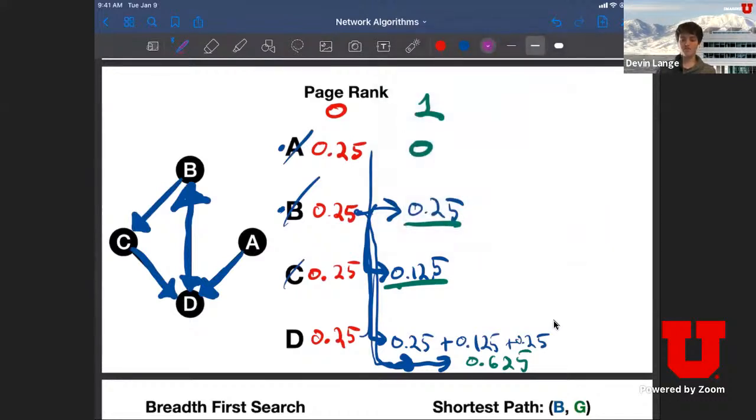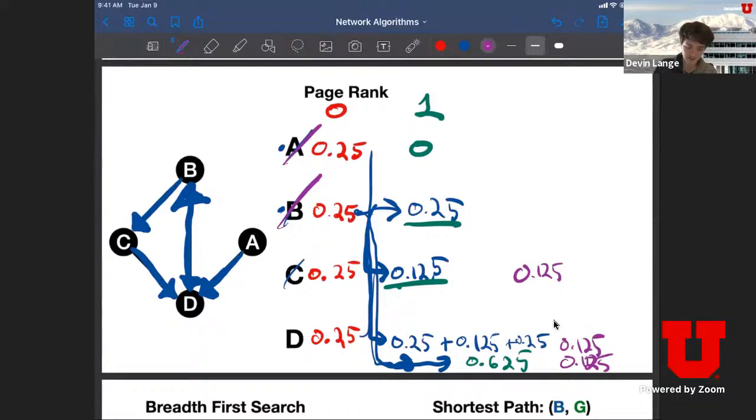And in this algorithm, you now just repeat the same exact process, but with these new weights. So A, we don't have to worry about. We're done. For B, we do the same thing. We split these up. Half of them go to C, 0.125, and half of them go to D, 0.125. Done. C is going to go to D with all of them. We're just going to do another 0.125.